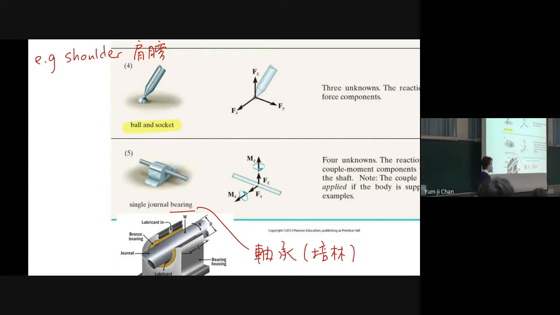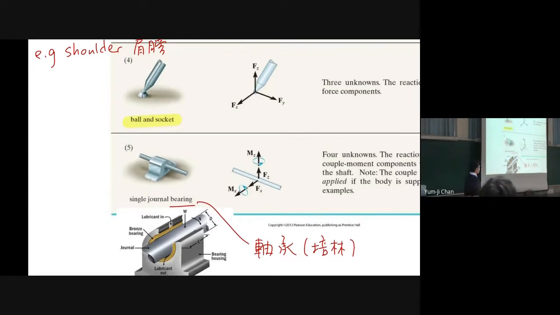There are different kinds of bearings, and the simple one is the journal bearing.